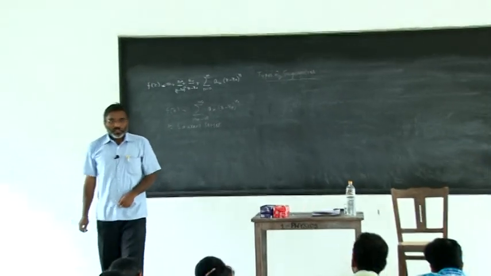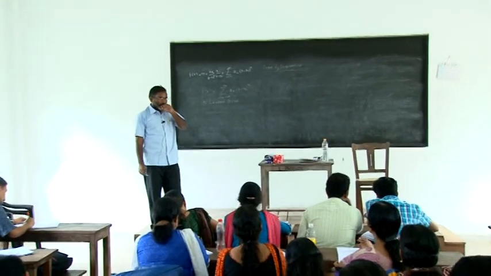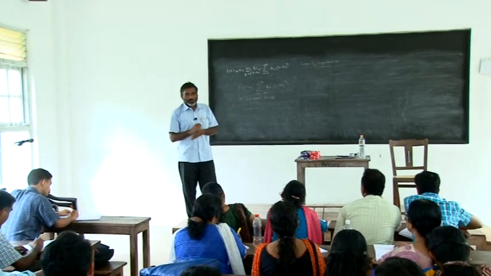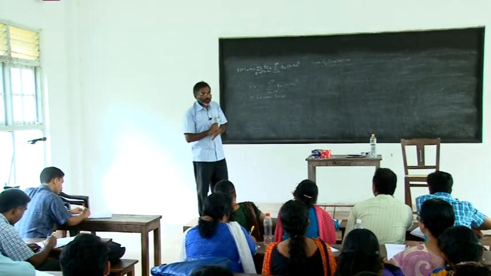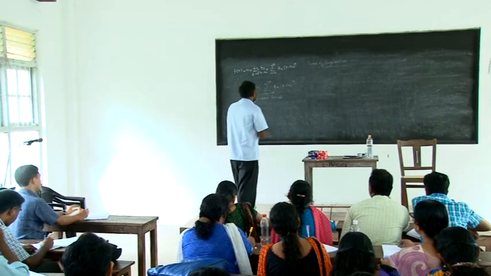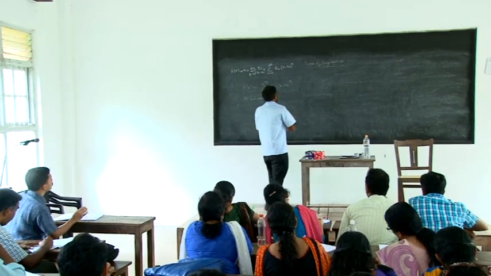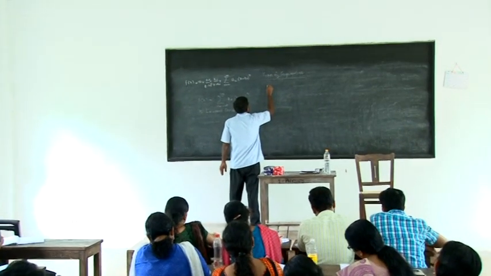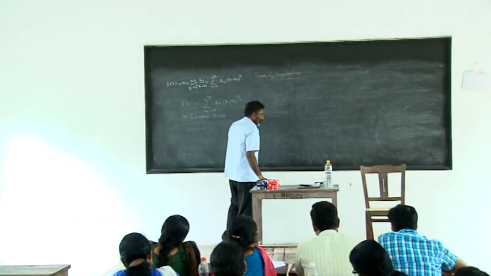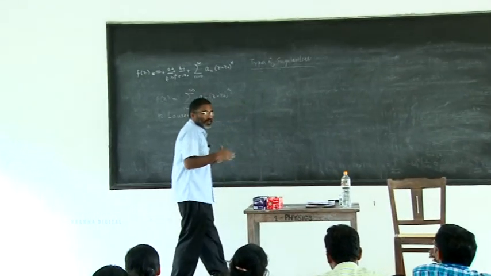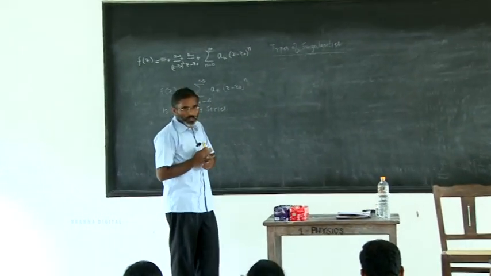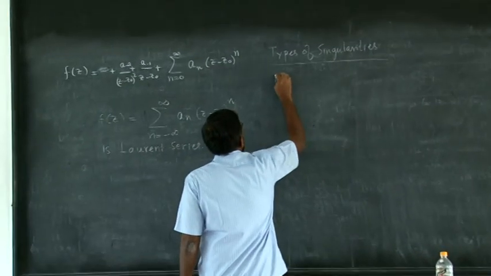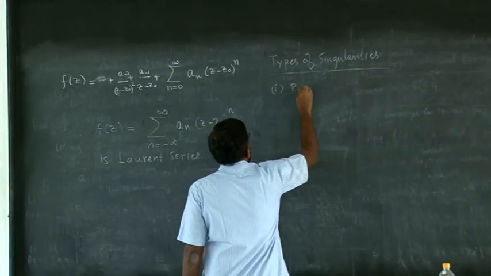You call a function singular at a point if it goes to infinity at that point. It's not finite. There are different types of singularities, and I will give you some examples of each type. The first one that I will talk about is the removable singularity.